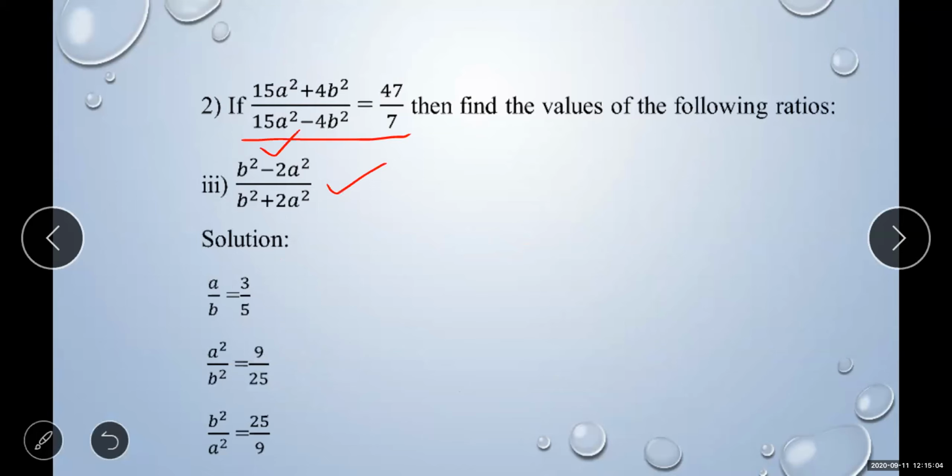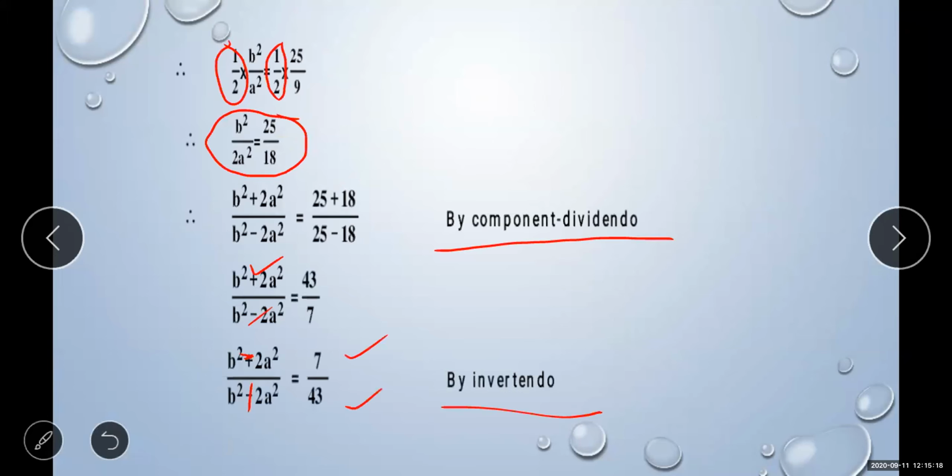Then the coefficients are different, so multiply properly by 1 upon 2 on both sides. Then we need addition and subtraction, so we take the componendo dividendo, but afterward we need subtraction upside, so we take the invertendo at the last. So here we got the last answer. Answer is 7 upon 43. So I hope you understood these things.